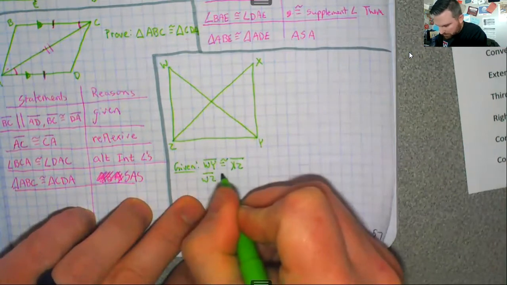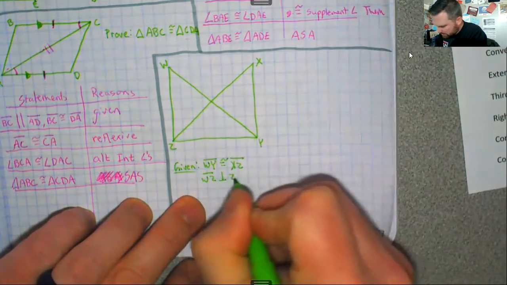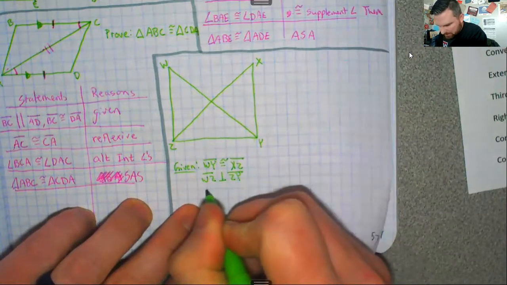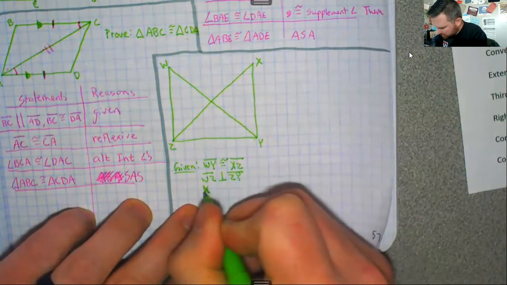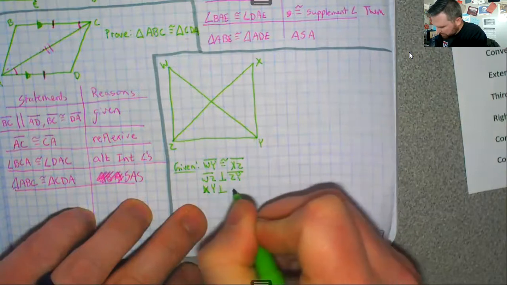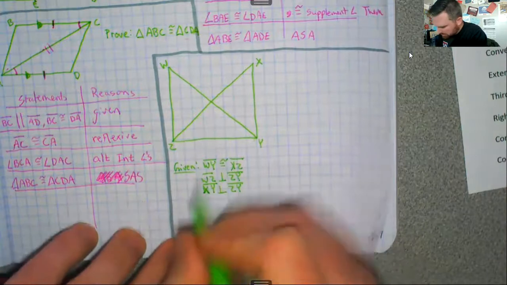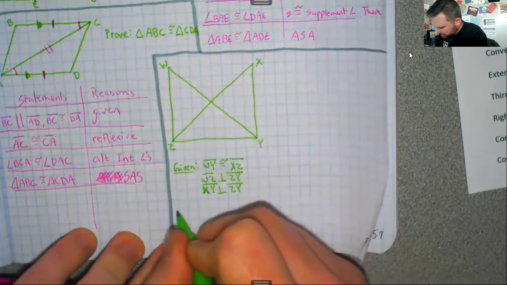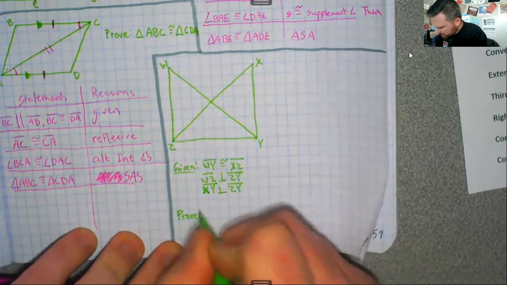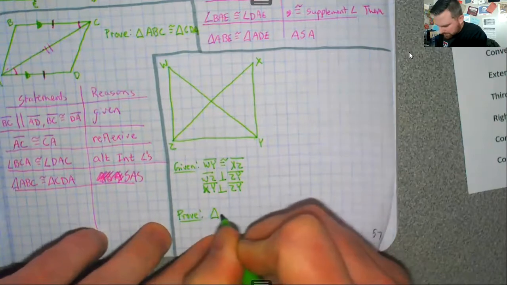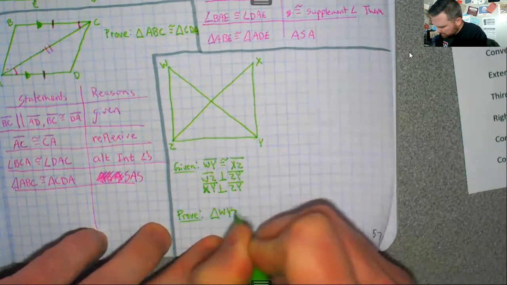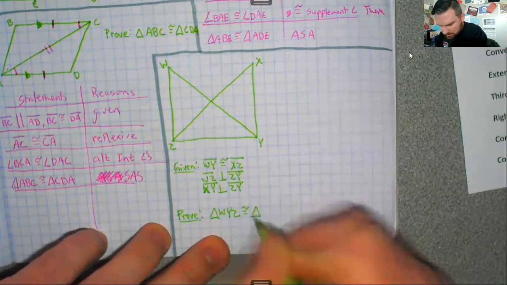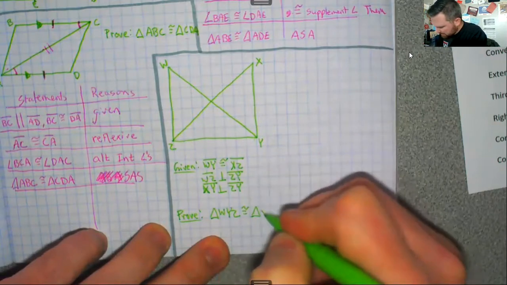WZ is perpendicular to ZY. And XY is perpendicular to ZY. And you need to prove triangle WYZ is congruent to triangle XZY.